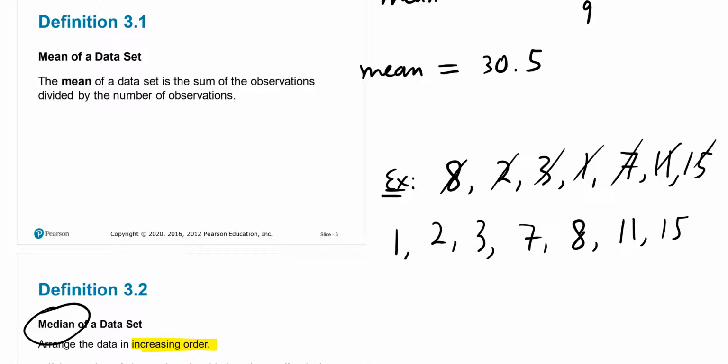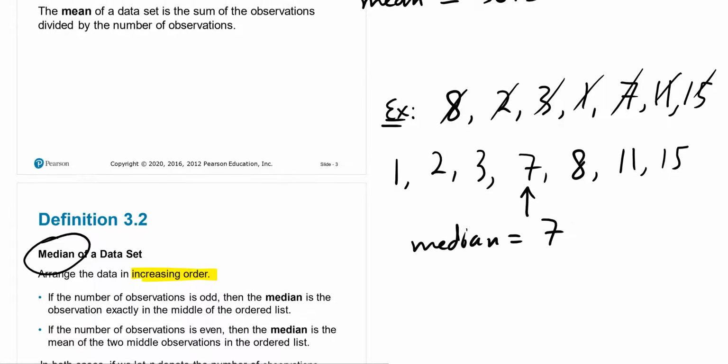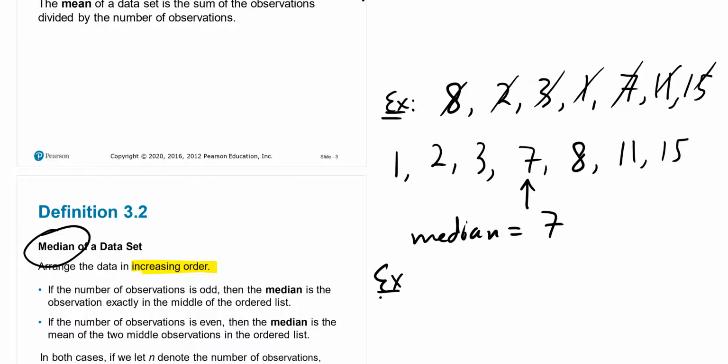I crossed them out to make sure I did not miss any. Which one is the middle number? This is the middle, that's the median. Median is 7.